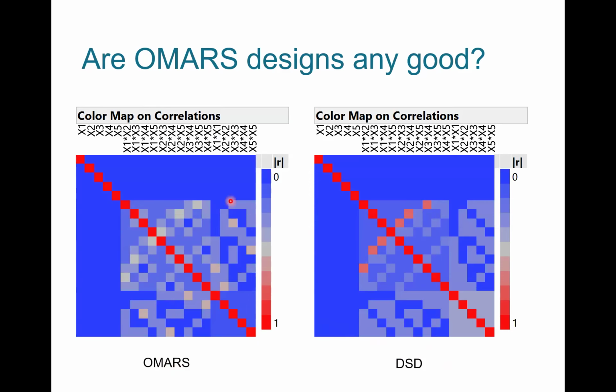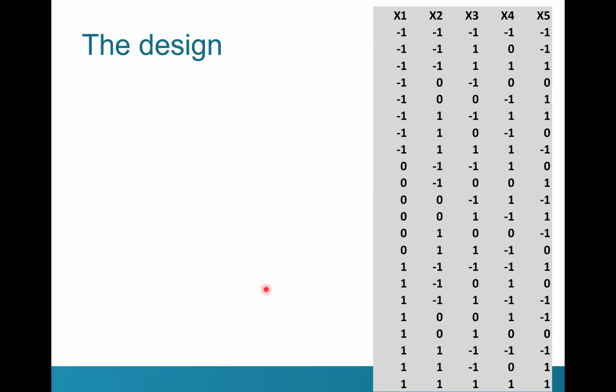And we do not have this kind of dark pink in the color map for the OMARS design. So in any case, that shows that the new family of designs has the capability to be better or to compete with designs that already exist, even the small designs, the small definitive screening designs.